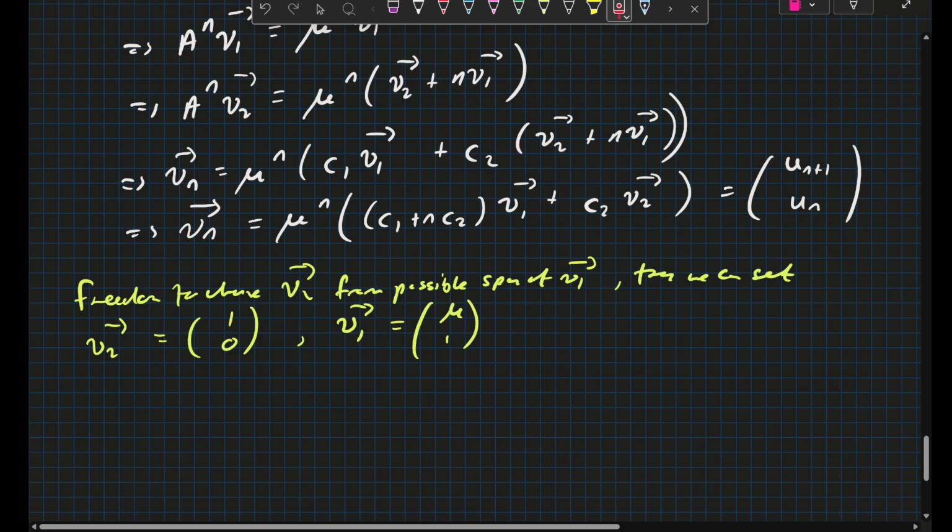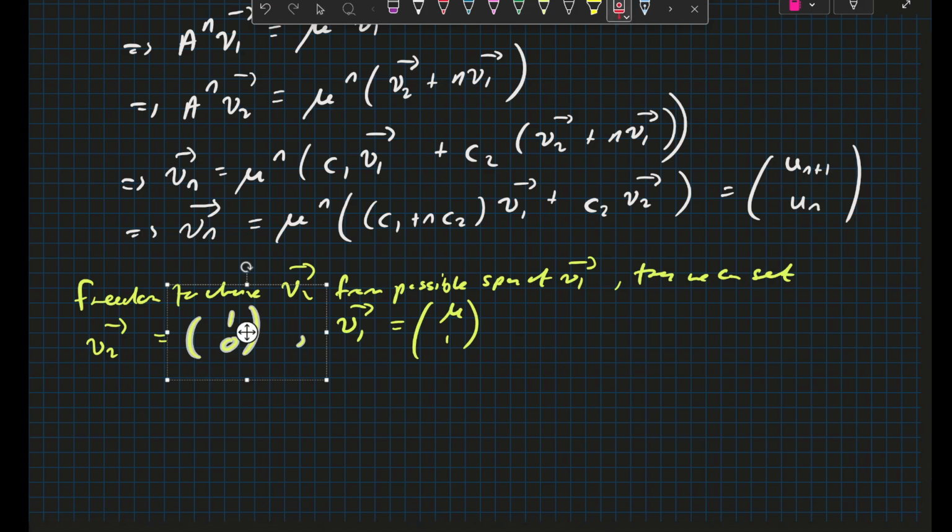The reason for that is because we're trying to analyze all the second entries again. So this first entry we don't really need. If we can eliminate as much variance as we can to get that second entry, we're good.